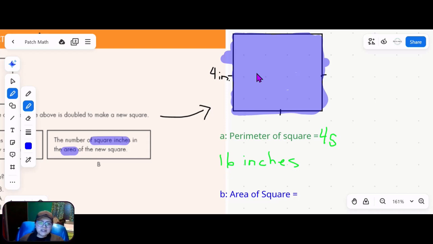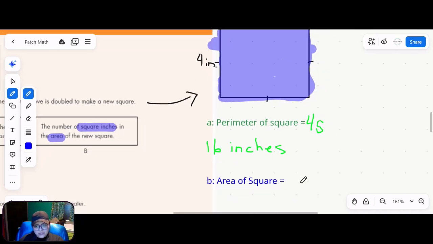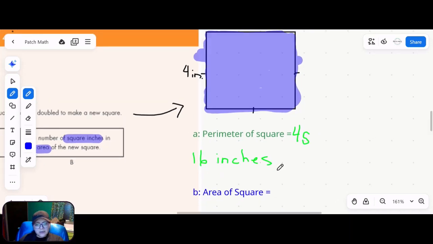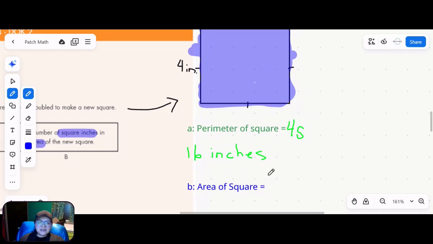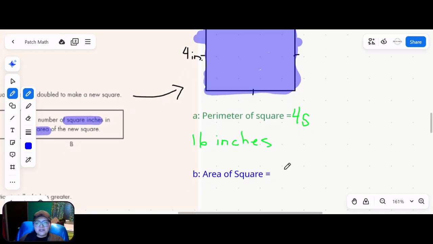So in this situation, the area of the square is going to be the amount of area that is covered on the inside of those side lengths. So I like to go straight formula on this one. It's going to be side length, so S, side length squared.